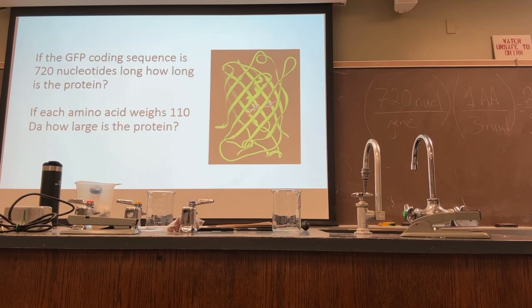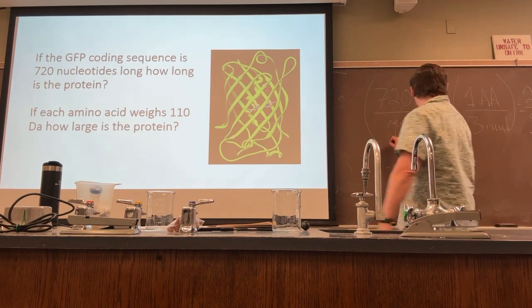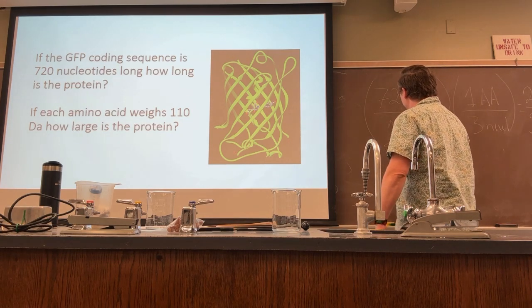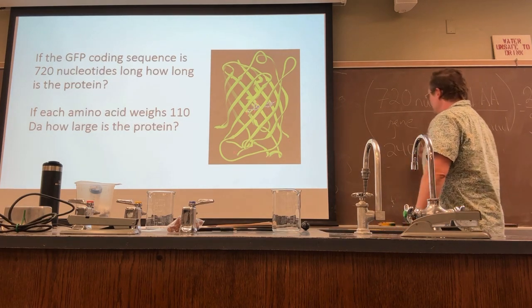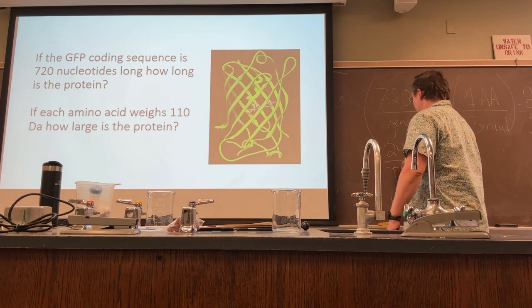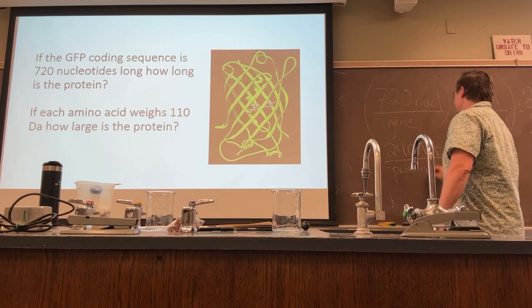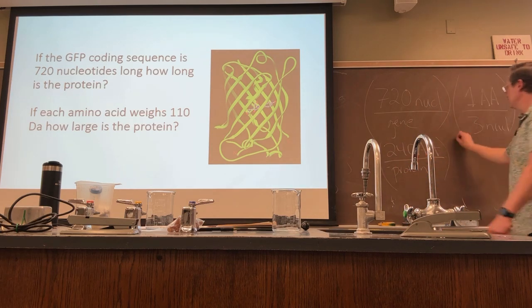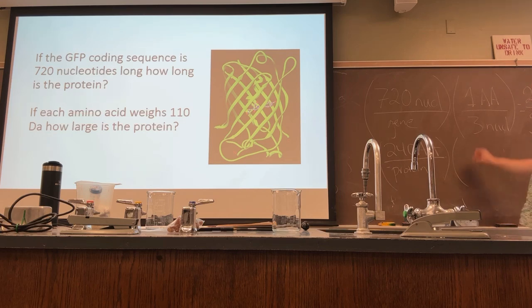If each amino acid weighs 110 daltons, how much does the protein weigh? Well, 110 daltons per amino acid. Amino acids cancel out, which gives you an answer in daltons per protein.